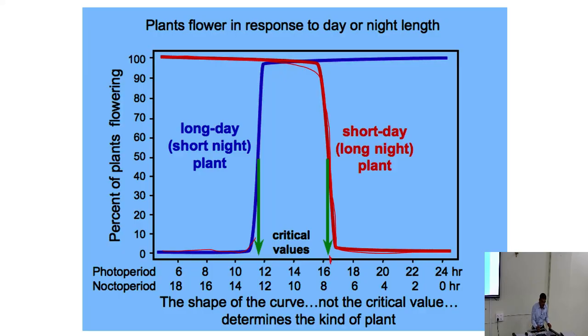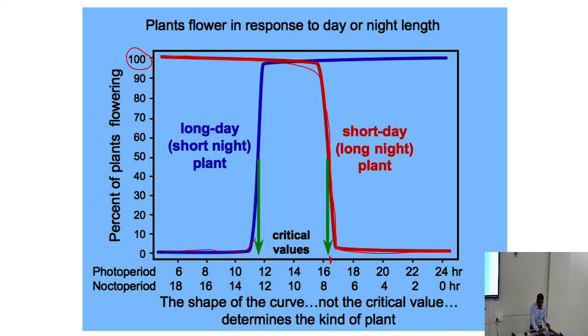If that day length is less than this, maybe around 16 hours, then you can see all the plants flower, 100%. And as the day length goes beyond that, none of them flower. So this is what we call a short day plant.